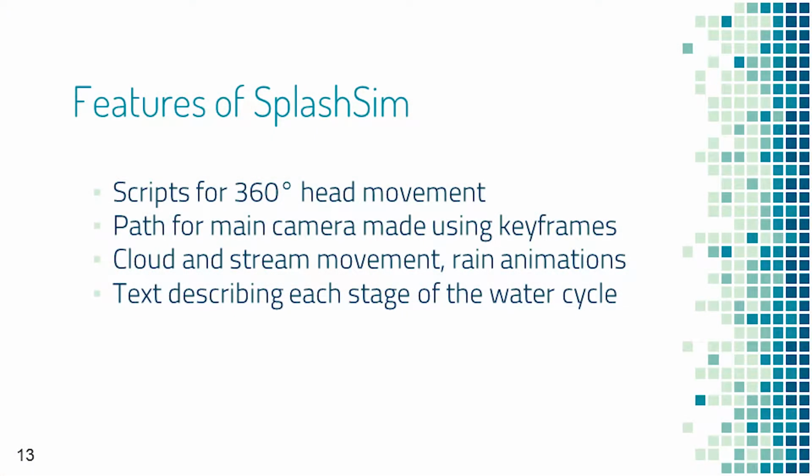One of the most important features of SplashSim are the animations. We had multiple animations. The first one we used the GVR, or Google VR, asset for, and that already came with the scripts for the 360 degrees head movement. We also had to program the rail for the camera, and we did this using Unity's built-in animator, to which we added keyframes that denote the change of position of the camera over time. During condensation, the clouds will come together, and that was also achieved using the same method.